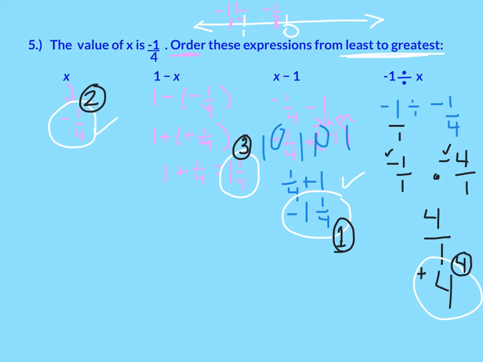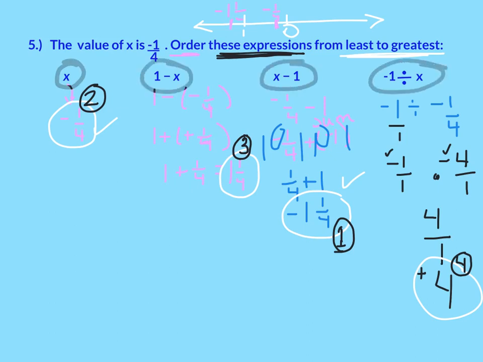Now it says order these expressions. And this is a place where a lot of people get confused. When you order these, you need to go back to the original expressions to write them in the correct order. You can't use the numeric values that you substituted in and ultimately found. So my first one right here would be x minus 1.